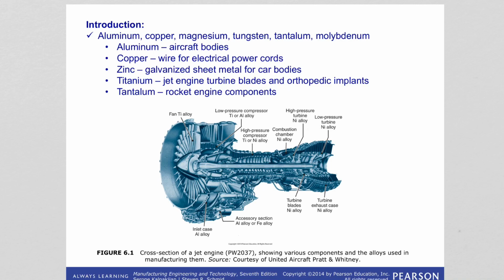We are seeing various components and the non-ferrous alloys that are used in manufacturing this part. As we can see, titanium alloys, nickel alloys, mostly alloys that can withstand high temperatures, and aluminum alloys are being used as parts of a jet engine.